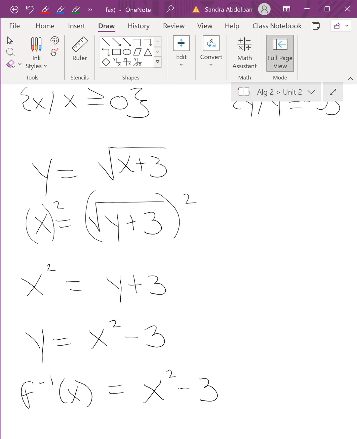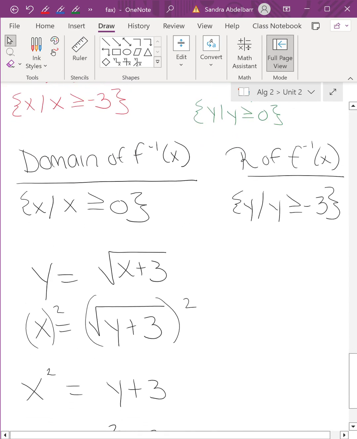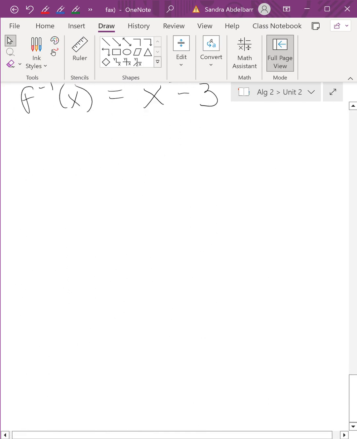Didn't we say an inverse is just the reflection over the line y equals x? So shouldn't the inverse of a shooting star just be a shooting star in a different reflected position? Right? It is. It is a reflection, because what have we not considered right now? The domain and range of our new inverse. All right, are you ready for this? I'm going to sketch it for you to show you.